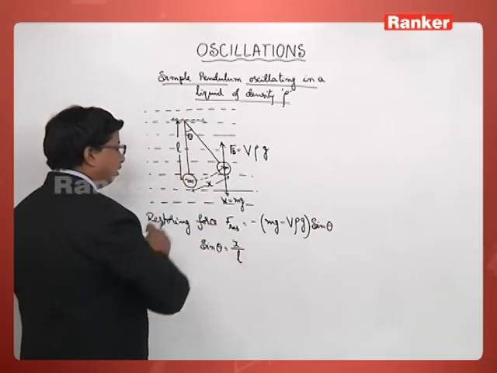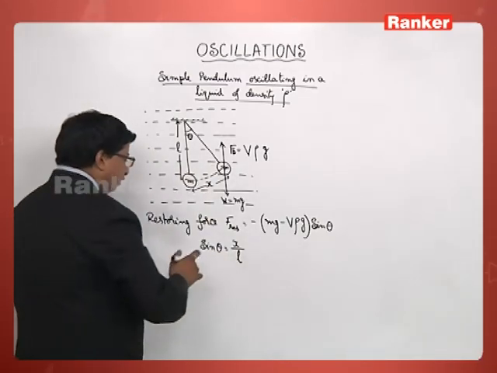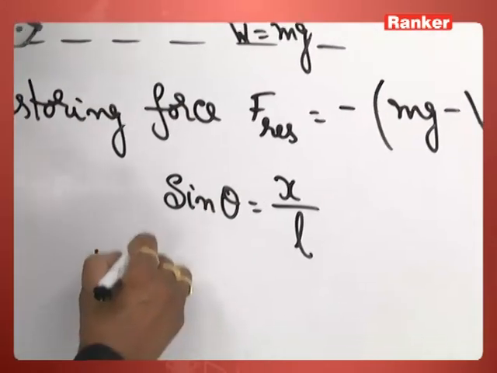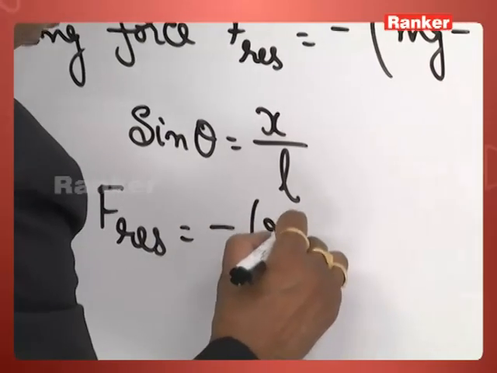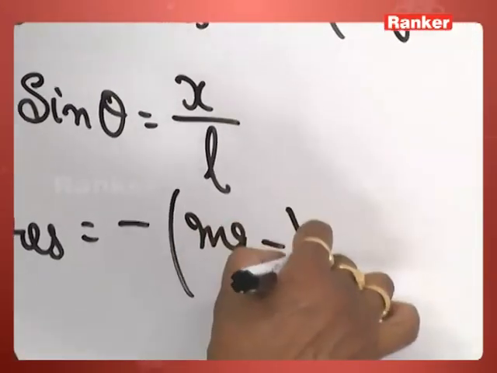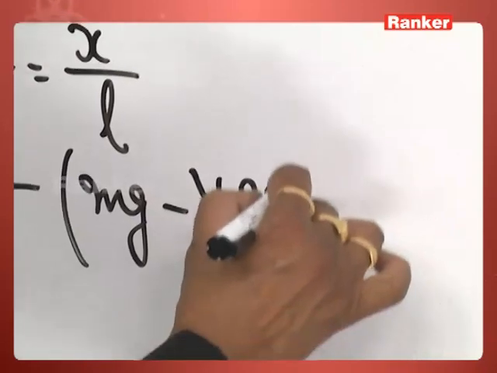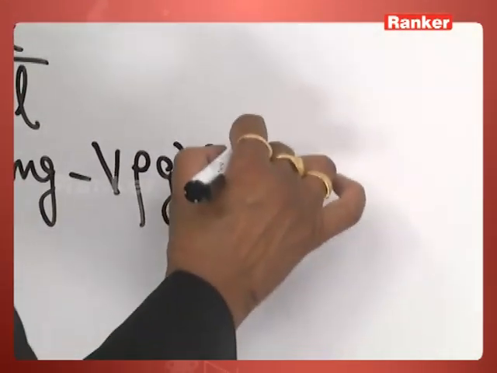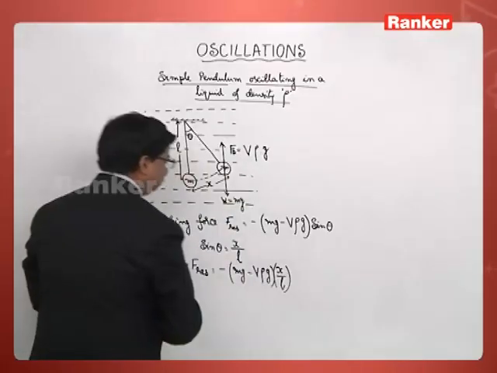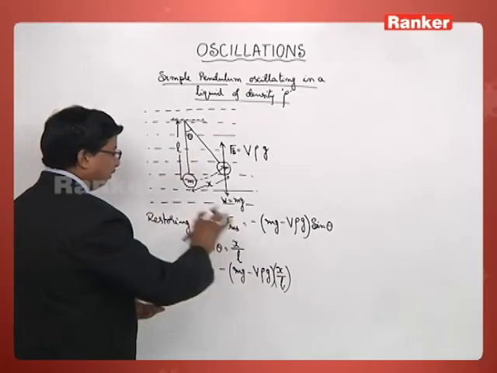Directly I can write it like that. Therefore, the restoring force that is acting is now minus of (mg minus V rho g) into the value of x by L. That is the concept.